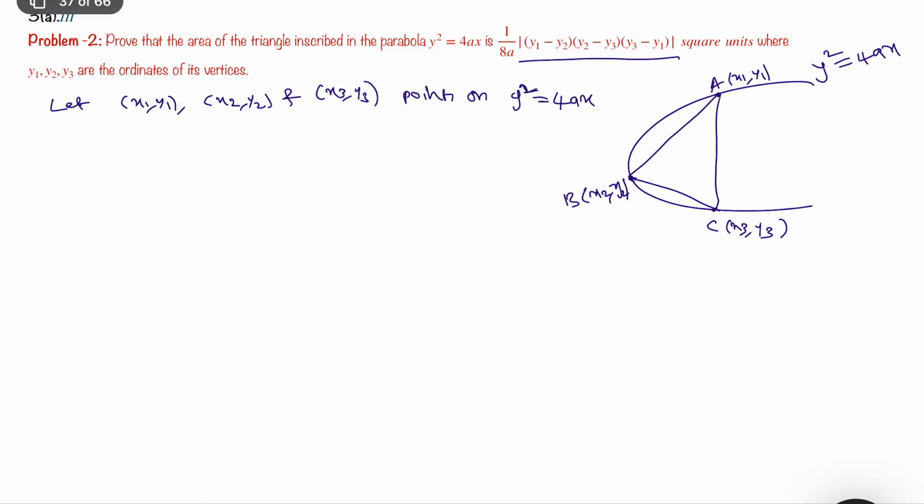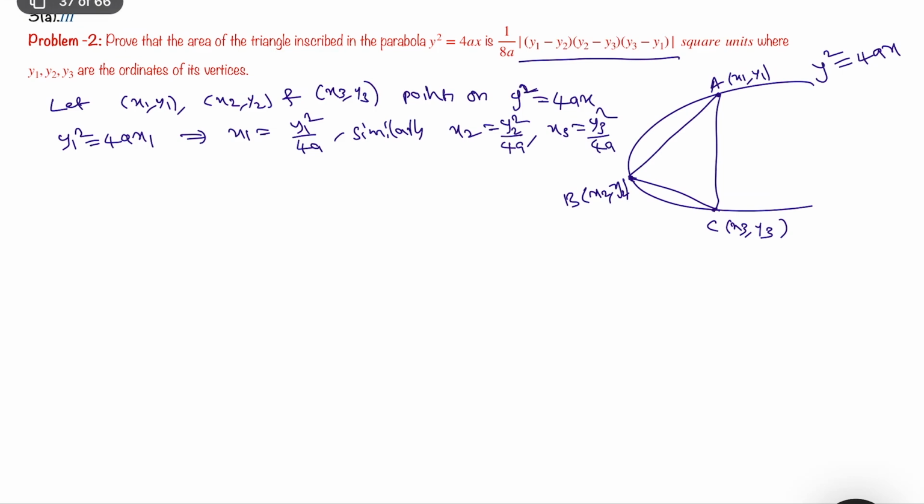Since x1, y1 is a point on the parabola y square equal to 4ax, we must have y1 square equal to 4ax1. That implies x1 must be equal to y1 square by 4a. Similarly, we should have x2 equal to y2 square by 4a, and x3 equal to y3 square by 4a.